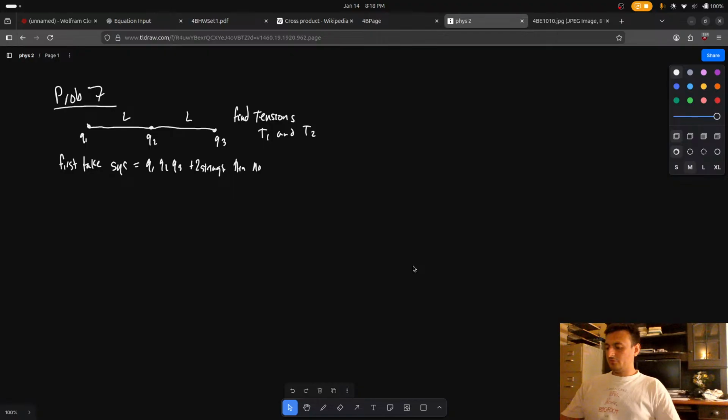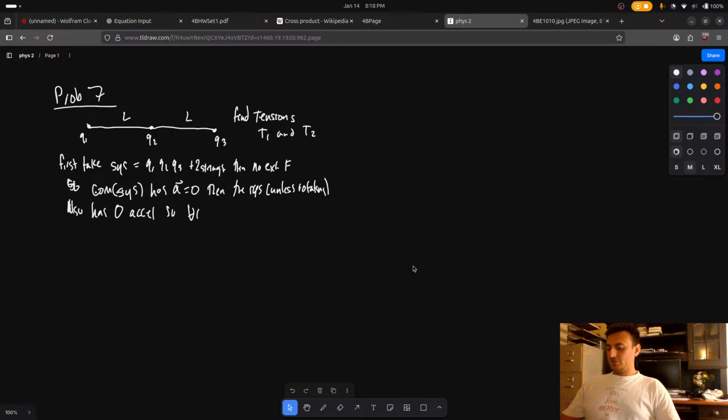Then no external forces. So the COM of the system has zero acceleration, and the system, unless rotating, also has zero angular acceleration. So for all bodies, a body.